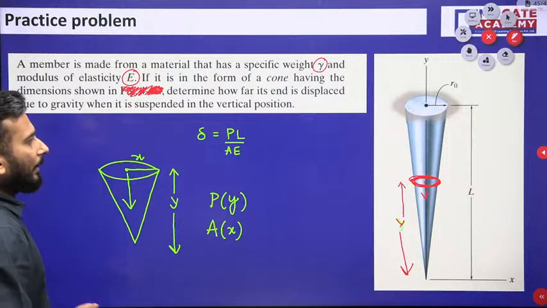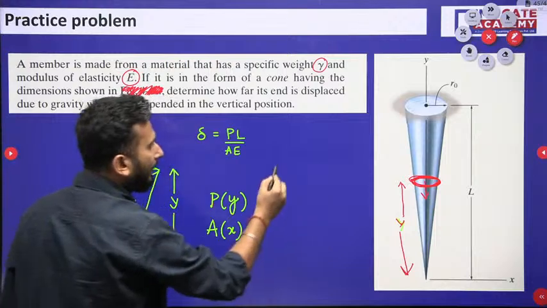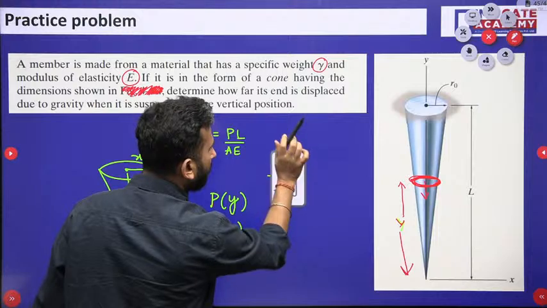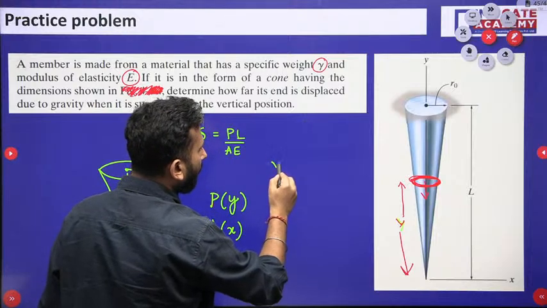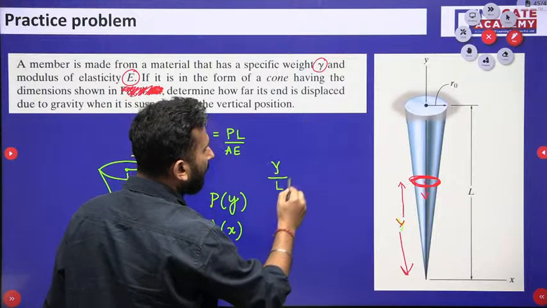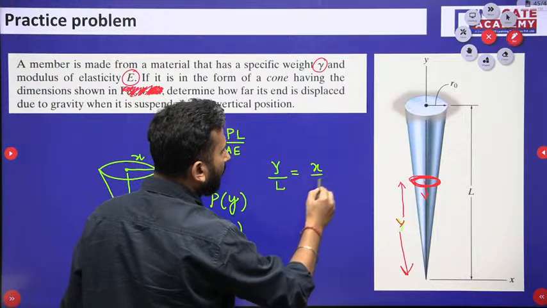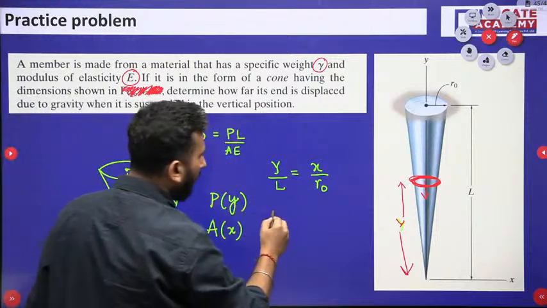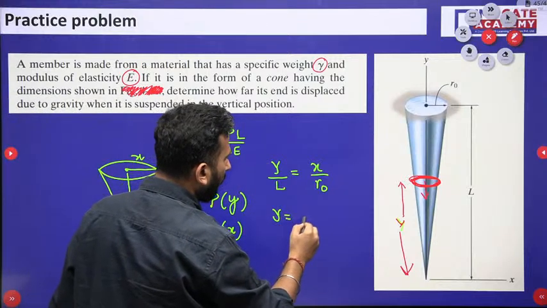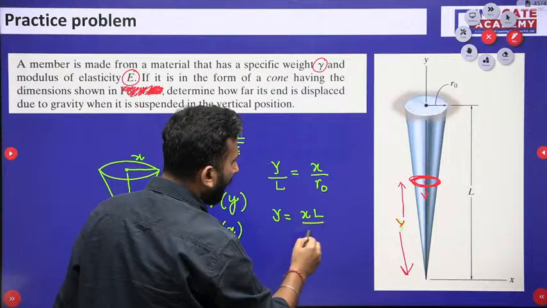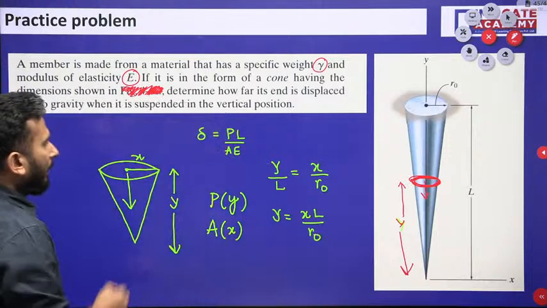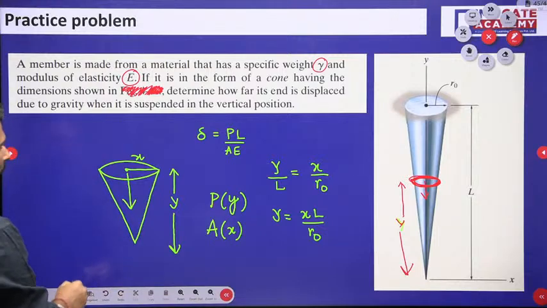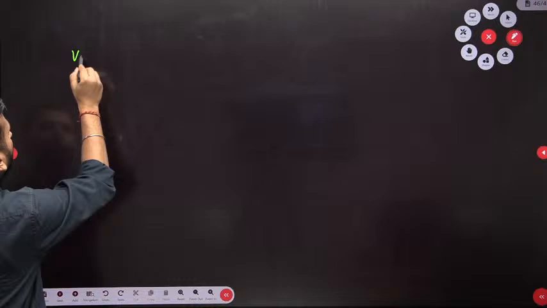Okay. Now from the concept of similarity, can I write y by L is equal to x by r naught? This is x, this is y, this is r naught. So y is equal to xL by r naught. The radius at this section is x. So let's find the volume of this element.